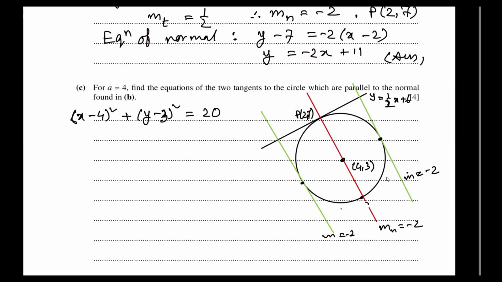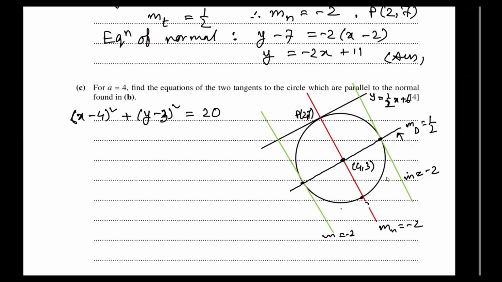Now, to find the points at which these two tangents meet the circle, you need to find the equation of the diameter passing through the center. This diameter has a gradient of half, parallel to the tangent, and passes through (4, 3).